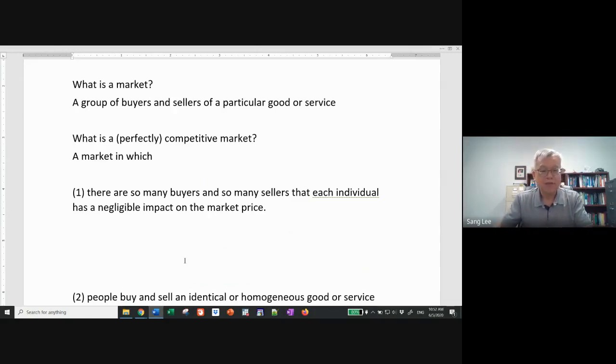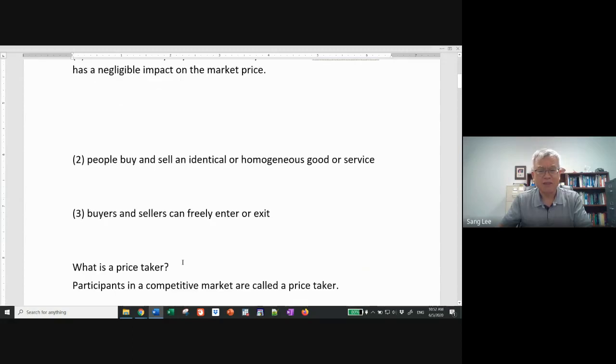Second, people buy and sell an identical or homogeneous good or service. It doesn't necessarily mean any two units of a good must be like twin products, must have exactly the same physical shape or attributes.